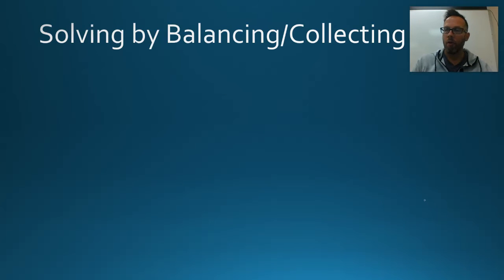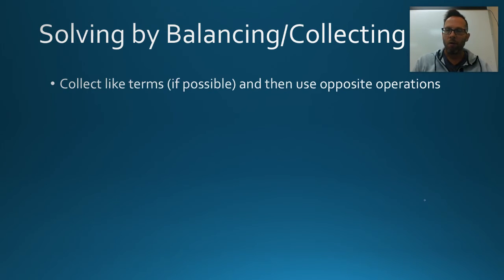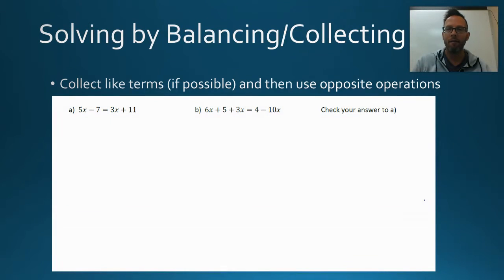All right. So, that would be the introduction to solving equations you guys did in grade 9. And then you started adding layers and solving more complex equations. So in these next examples, we're going to be solving by, I call it solving by balancing or collecting, because in these cases, they're not two-step equations. We have more things going on.